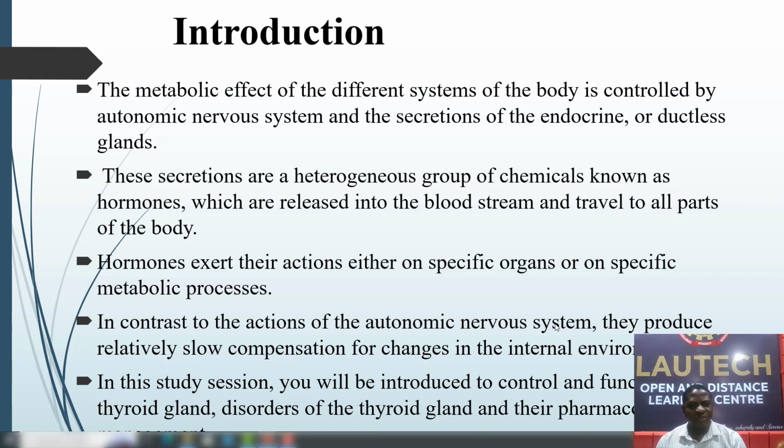And in contrast to the actions of the autonomic nervous system, they produce relatively low compensation for changes in the internal environment. In this study session, you will be introduced to control and function of the thyroid gland, disorders of the thyroid gland, and the pharmacological effect.